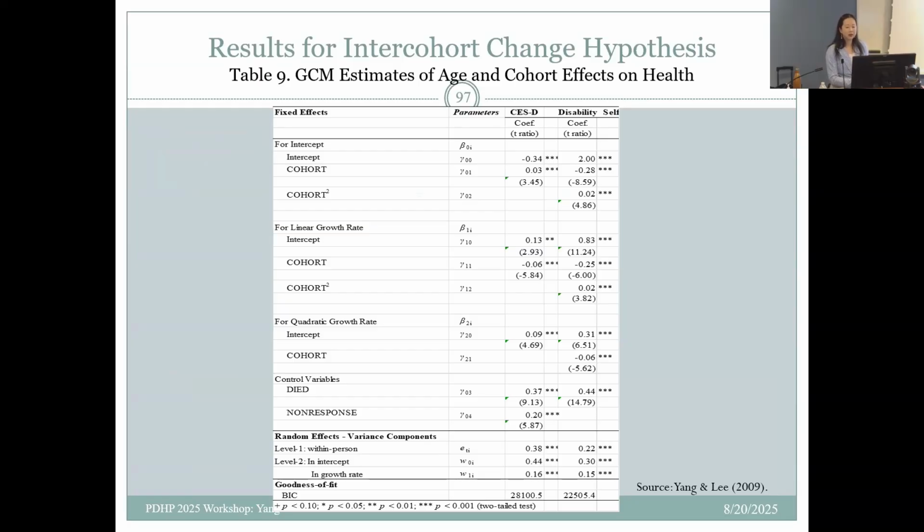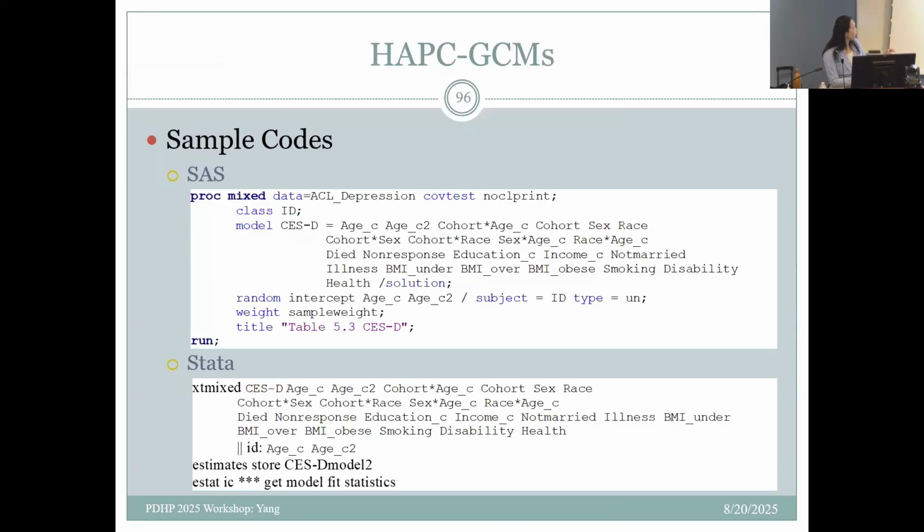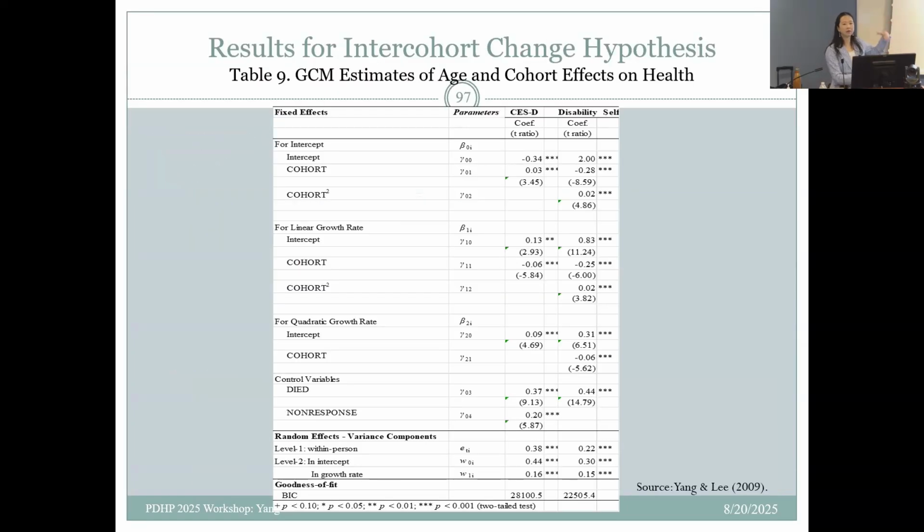So this table summarizes the results of the model estimation. I separated out the intercept, the linear, and quadratic growth rate, just for conceptual clarity. You can express it in different ways using a combined model specification as well. And so you could see, is there support for the intercohort change hypothesis?